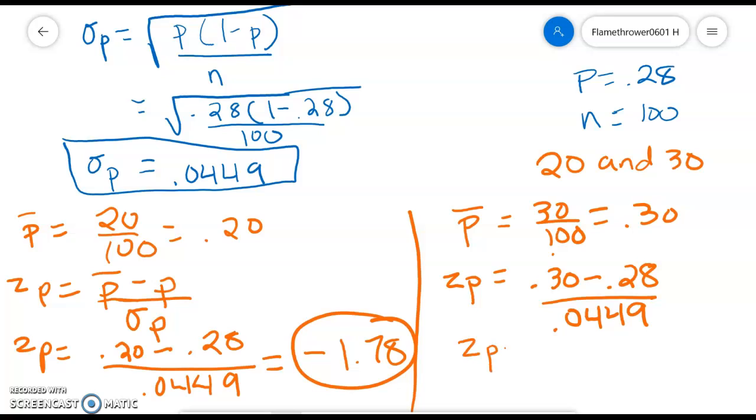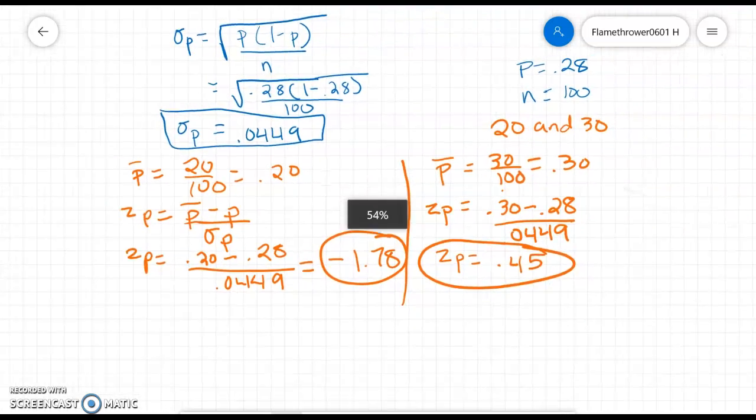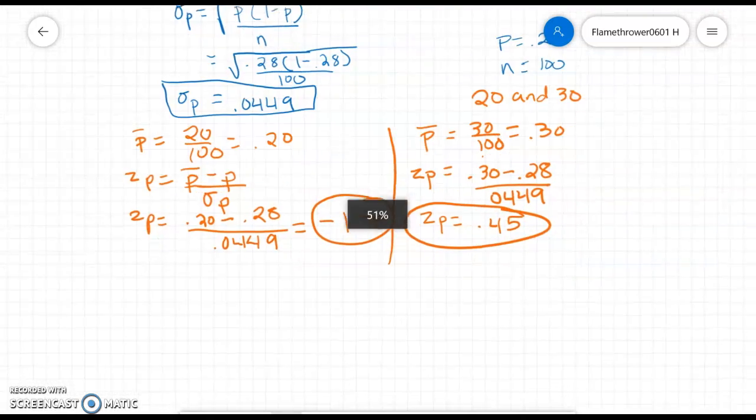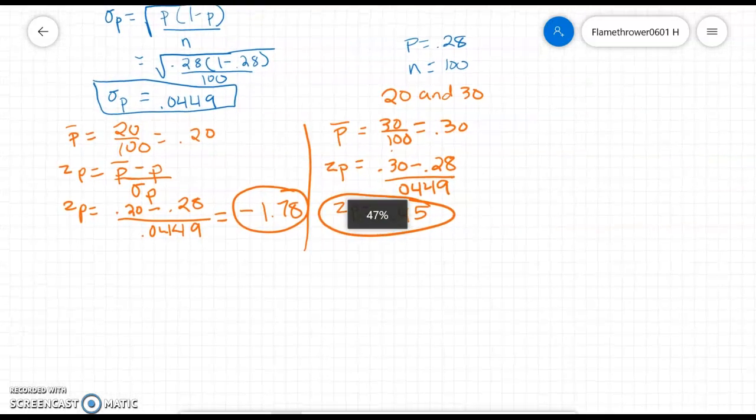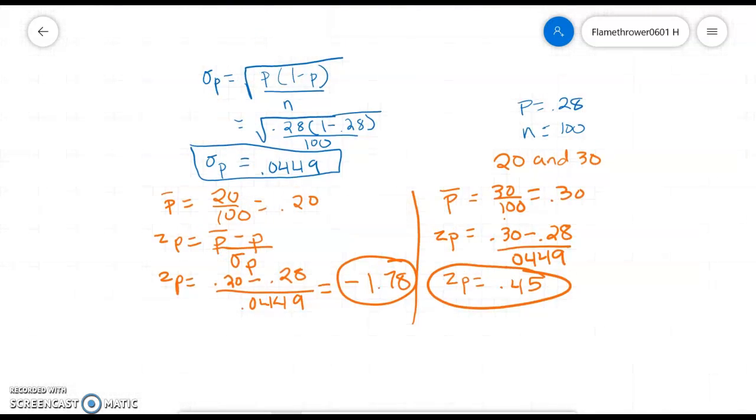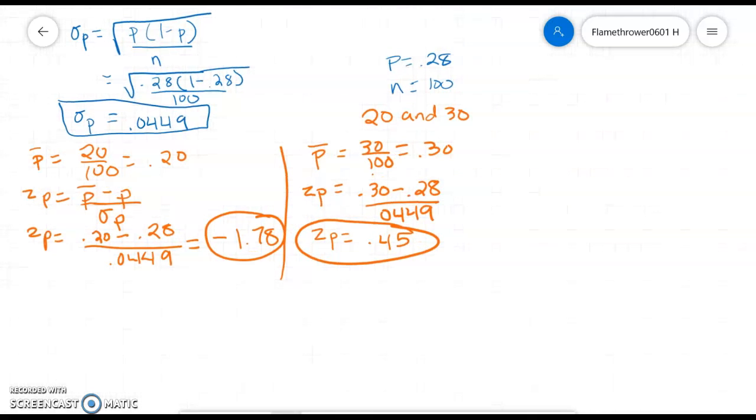And when you put that in your calculator, you will get 0.45. So what we have to do is look up the probabilities of each of these associated with these two numbers. So I'm going to move this up now that we've worked it, and let's go find the probability associated with these two numbers.